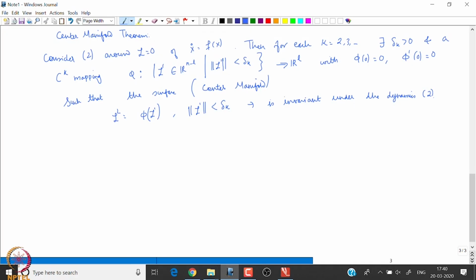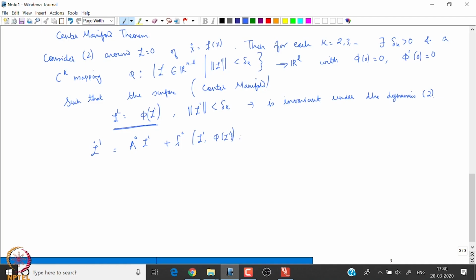Okay. So, therefore, on this center manifold my dynamics would just now look something like this, that Z1 dot is A naught Z1 plus F0 of Z1, phi of Z1.